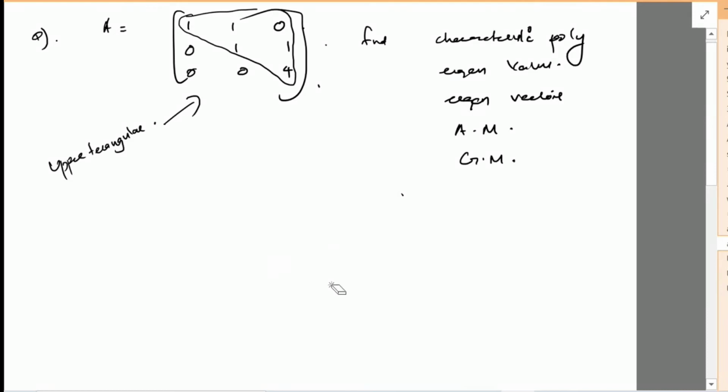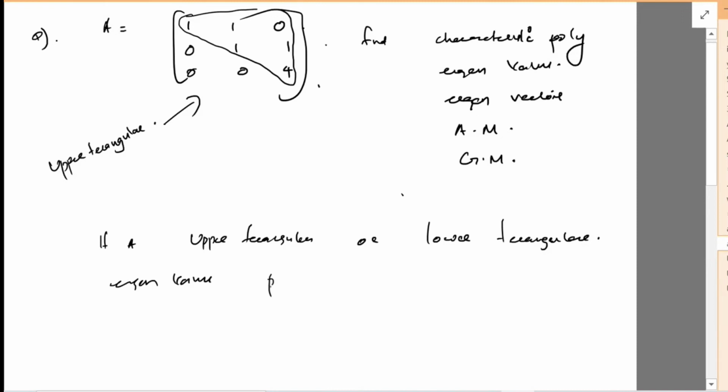So there is a result: if A is either upper triangular or lower triangular, then the eigenvalues are precisely the same as the diagonal entries.